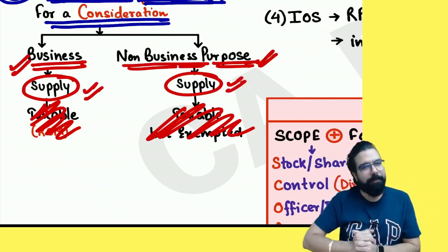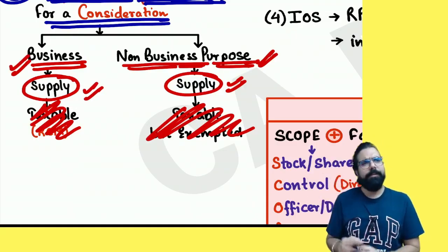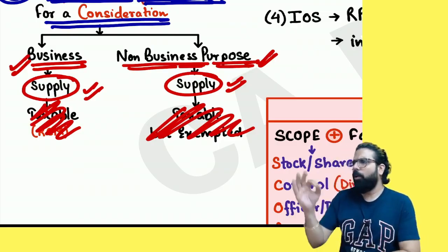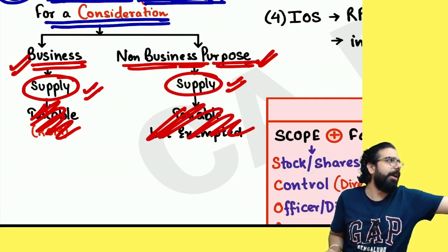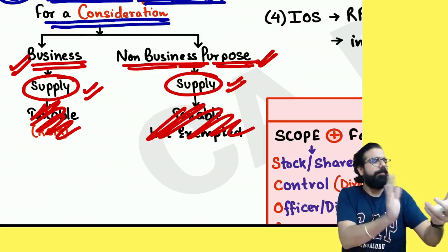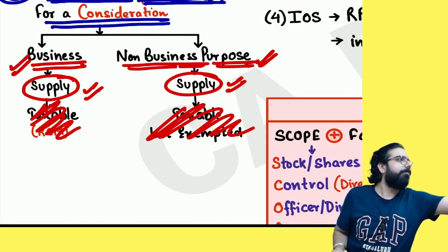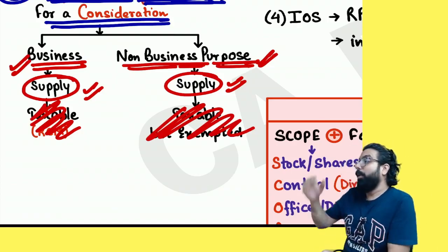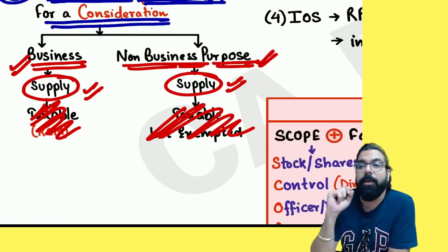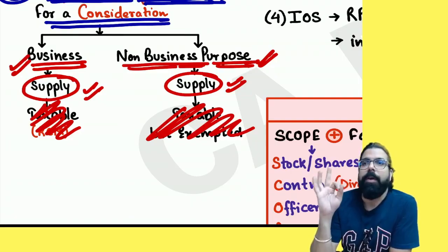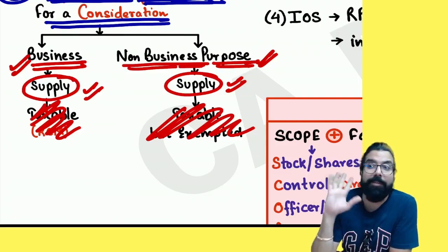Chalo, I'll give you one more example. One advocate is sitting in London. I told the advocate, I want some service from you. When the advocate gave me the service from outside India, I told the advocate, I want your legal consultancy for my business.